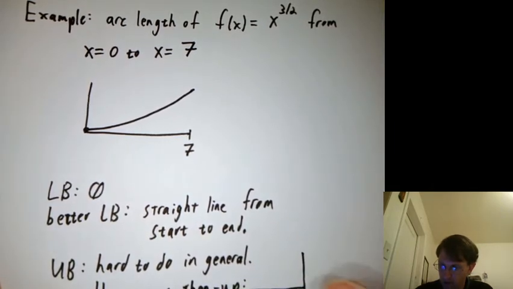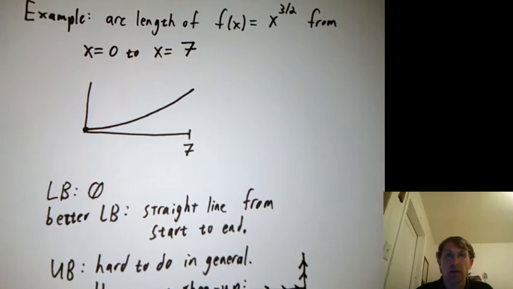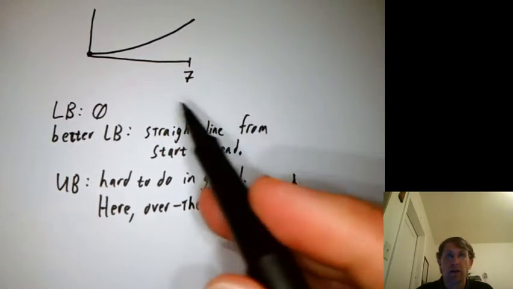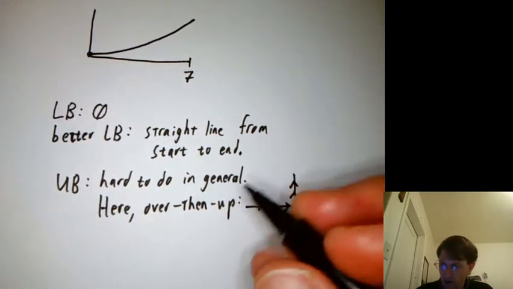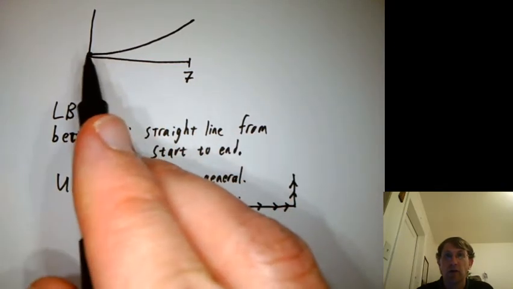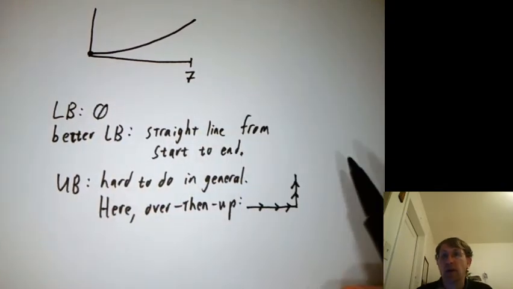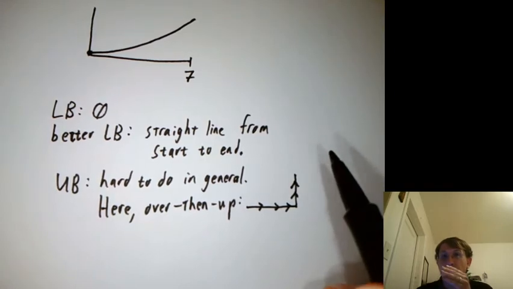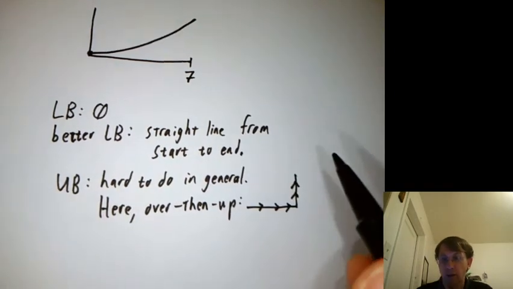Something like that. So we're going this way and then that way. You agree that that's longer than the curved path in between there. So here's a puzzle for you. Can you think of a curve where going straight over and straight up would not give an upper bound on the arc length? It's kind of fun.